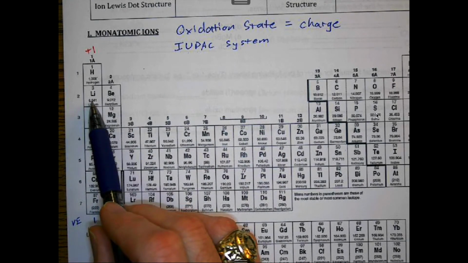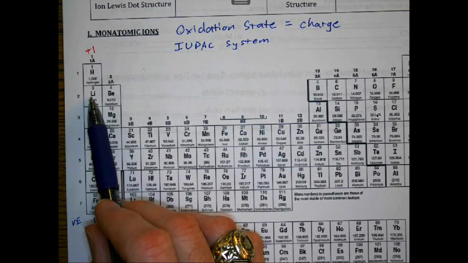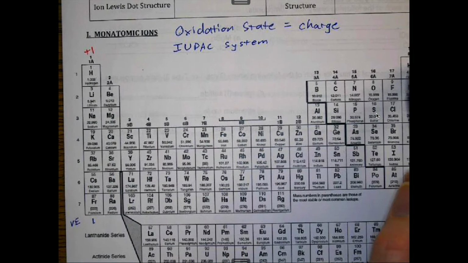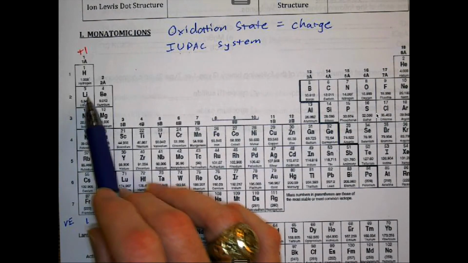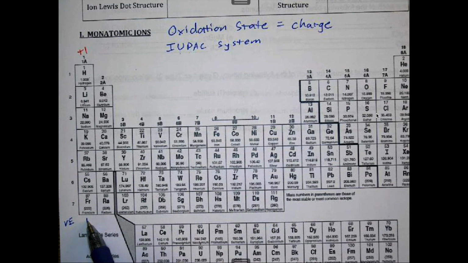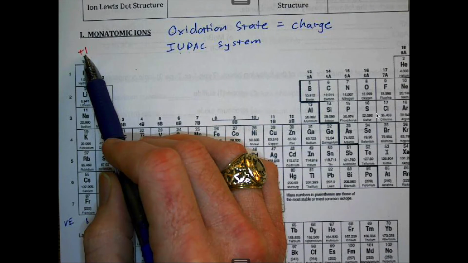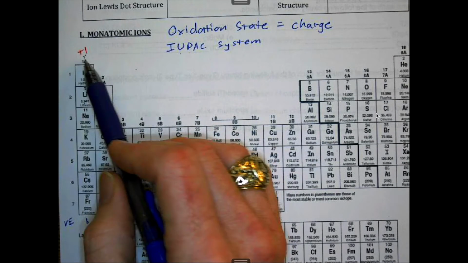If lithium loses an electron, it will have the noble gas configuration of helium. So it's going to want to lose 1 electron. If it loses a negative charge, it is going to be positive. So that's why it's a +1 charge.